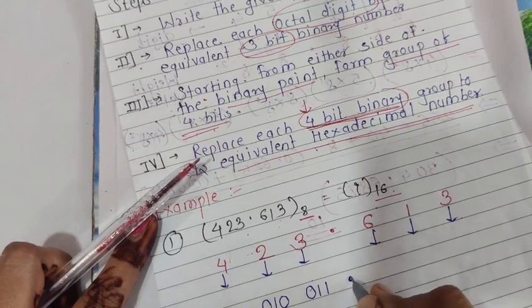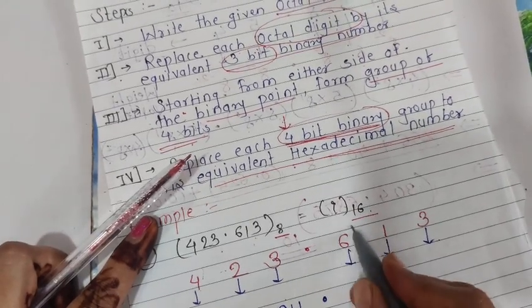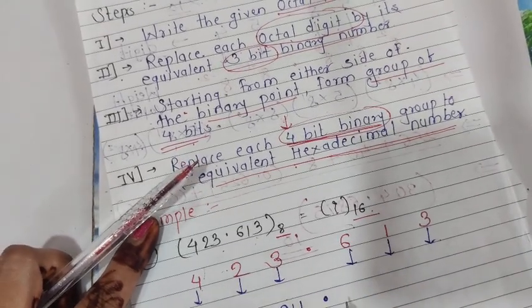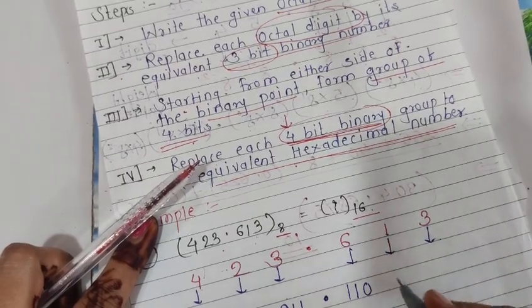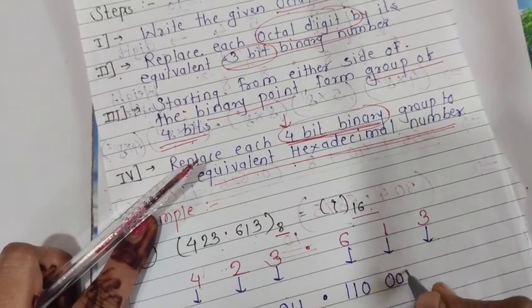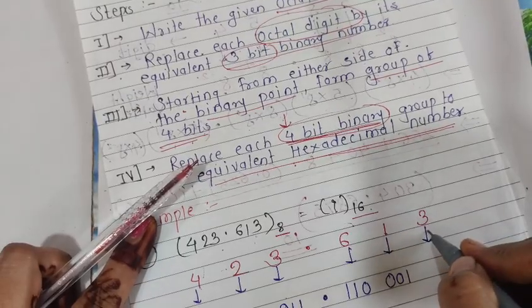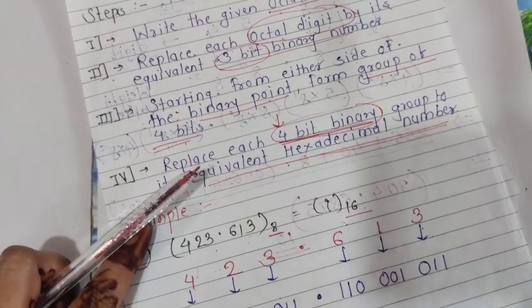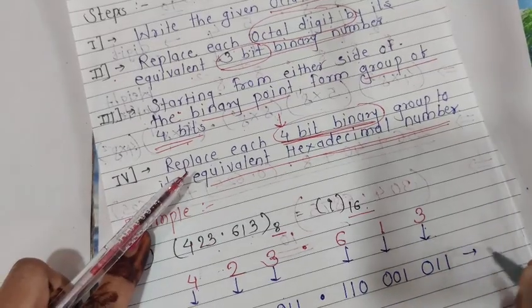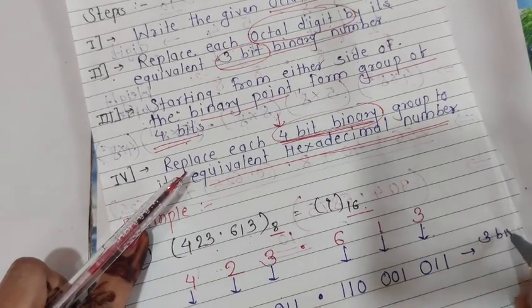This is the point. Then write down 6 in 3-bit binary: it is 110. Write down 1 in 3-bit binary: 001. And write down 3 in 3-bit binary: 011. This is the 3-bit binary number.